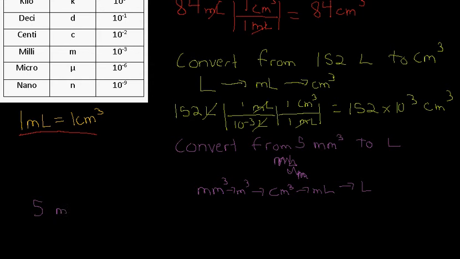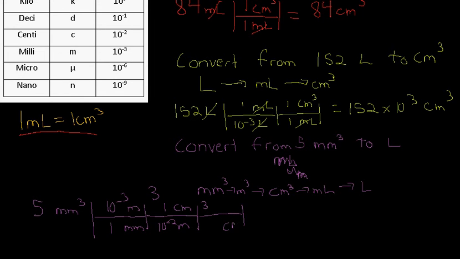So 5 cubic millimeters must first go to meters cubed. I want millimeters to cancel out, meters on the top. The conversion factor is 10 to the negative third over 1, and I have to cube it because I need millimeters cubed in meters cubed. I then know that from meters cubed, I'm trying to go to centimeters cubed. Centimeters up here, meters down here, 1, 10 to the negative 2, and we can cube that.